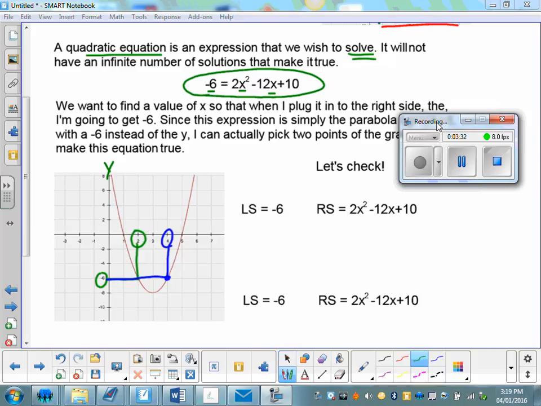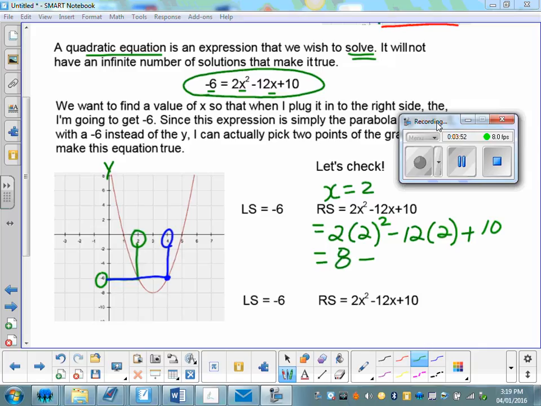If I sub x equals 2 into this equation, on the right-hand side it would look like, so 2 goes in for the x, and if I calculate it, 2 squared is 4, times 2 would give me 8. 12 times 2 would be 24, so minus 24, and then plus 10. And when I figure all that out, it's equal to -6.